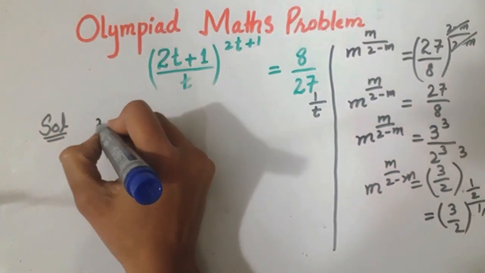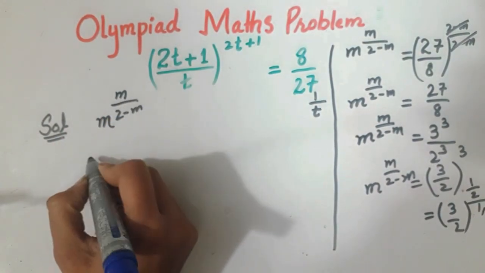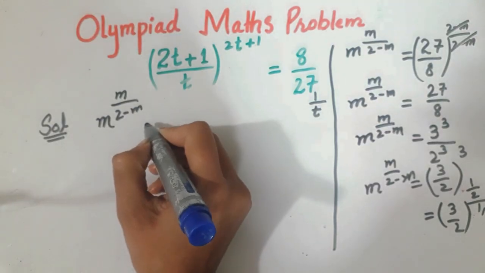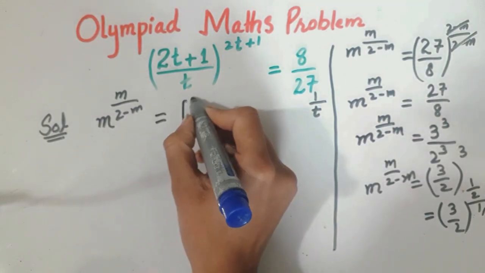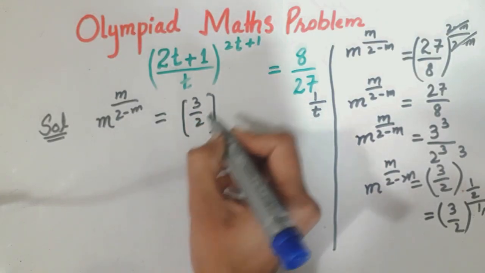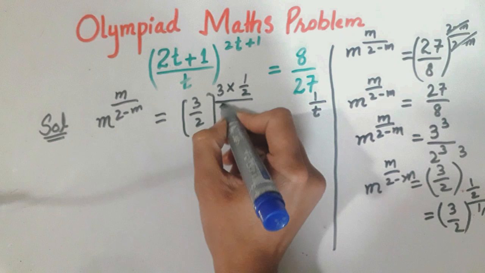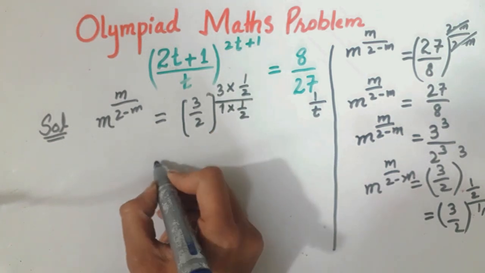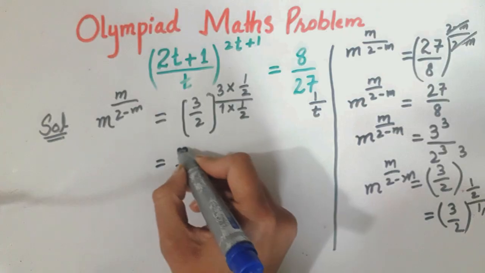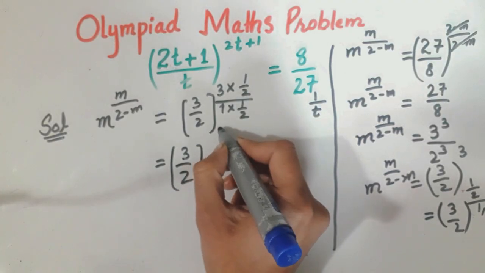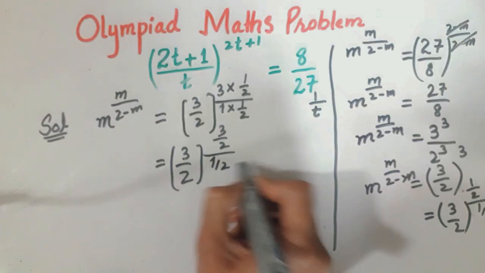We will again write m to the power m/(2 - m), and that equals 3/2. Its power is 3 multiplied by 1/2, and this is 3/1 multiplied by 1/2. It means that 3/2 to the power 3/2 divided by 1/2.